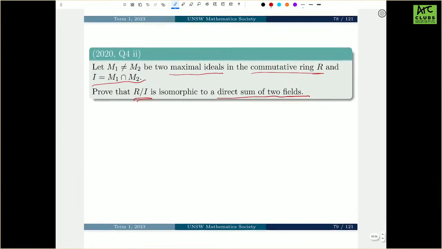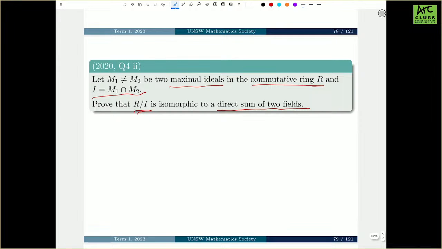Well, we know from earlier that M1 being maximal implies R/M1 is a field. So we know R/M1 and R/M2 are fields. We saw this fact earlier. Okay, so a direct sum of two fields.